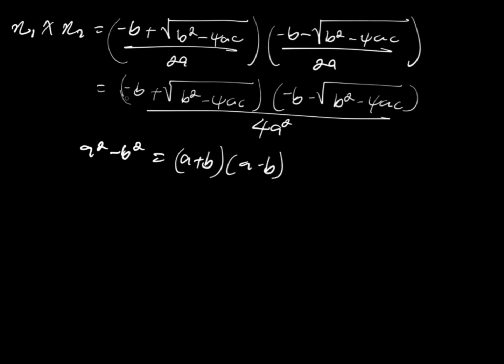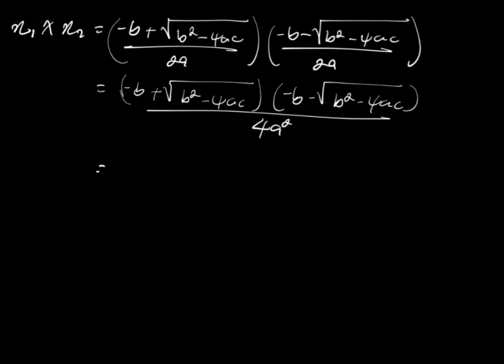Here we have the same terms, b and the root, but only the signs are changing. So this is the difference of two squares, and that's the principle I'm going to use when working this out. So when I come here, I'm going to have something of this kind.